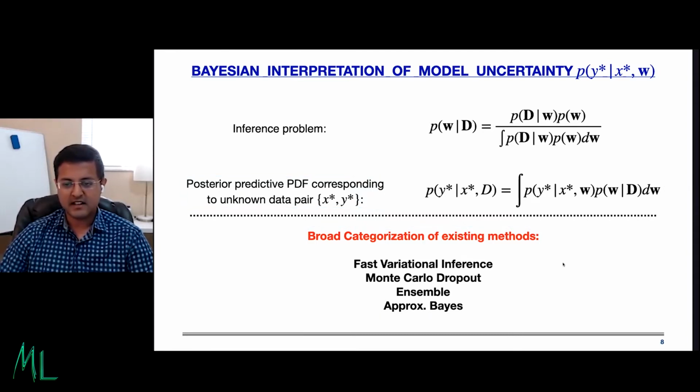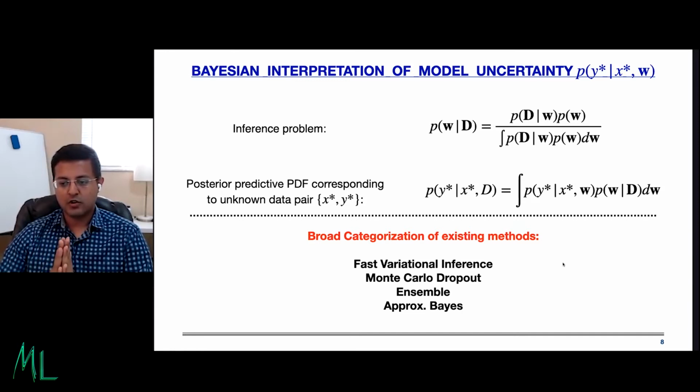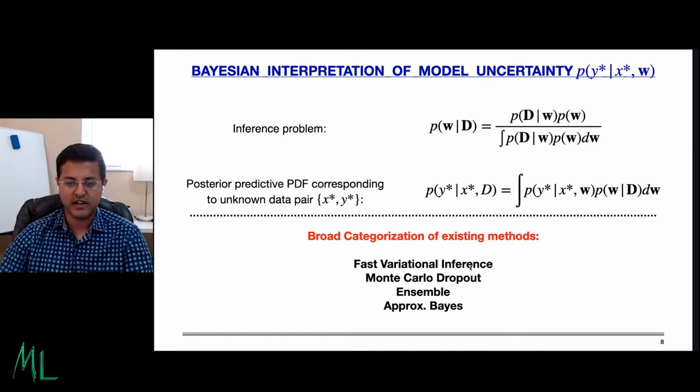Recently there has been a lot of push to come up with approximate methods of implementing Bayesian neural networks, and some of those methods are: fast variational inference, Monte Carlo dropout, ensemble methods, and approximate Bayesian methods.